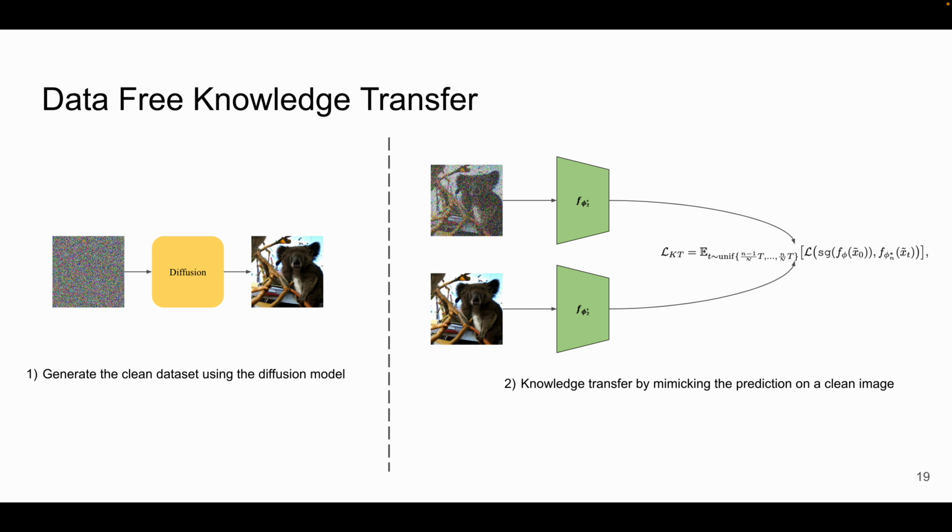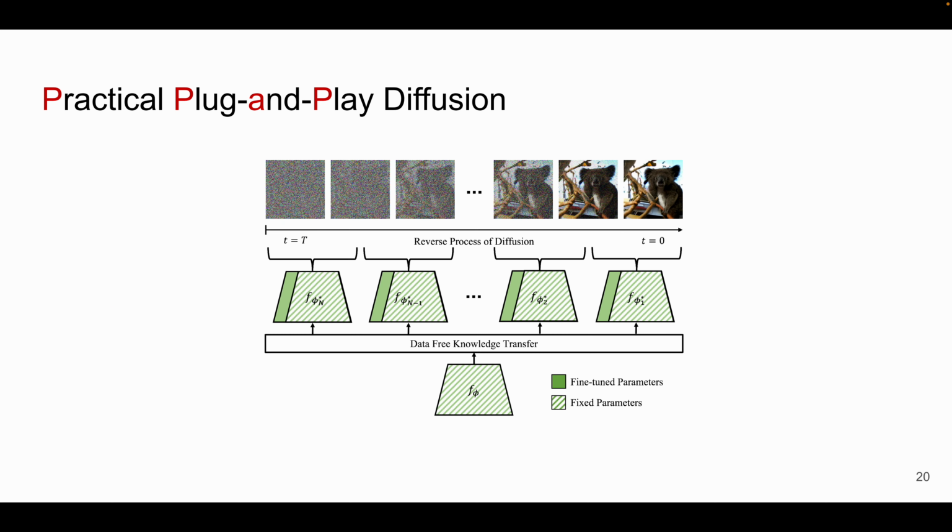First, a clean dataset is generated unconditionally by a simple diffusion model, and then an off-the-shelf model is trained so that its predictions on the noisy image mimic those on the clean image. Finally, the combination of parameter-efficient fine-tuning and data-free knowledge transfer in the multi-expert guidance results in practical plug-and-play, or PPAP for short.